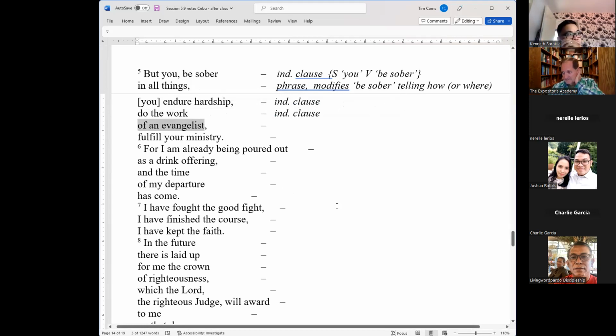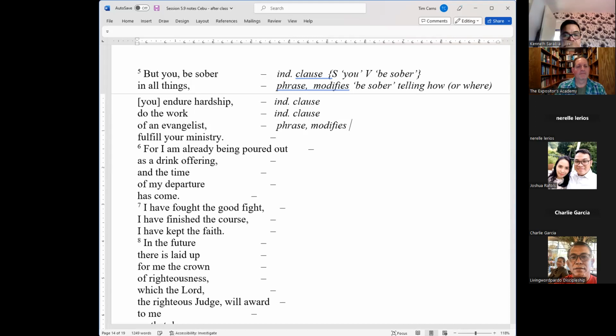I think that's a phrase, because there's no verb or subject. And what does it modify? I think it's modifying the work. That's right. It modifies "work," and it's telling us what kind, which work.